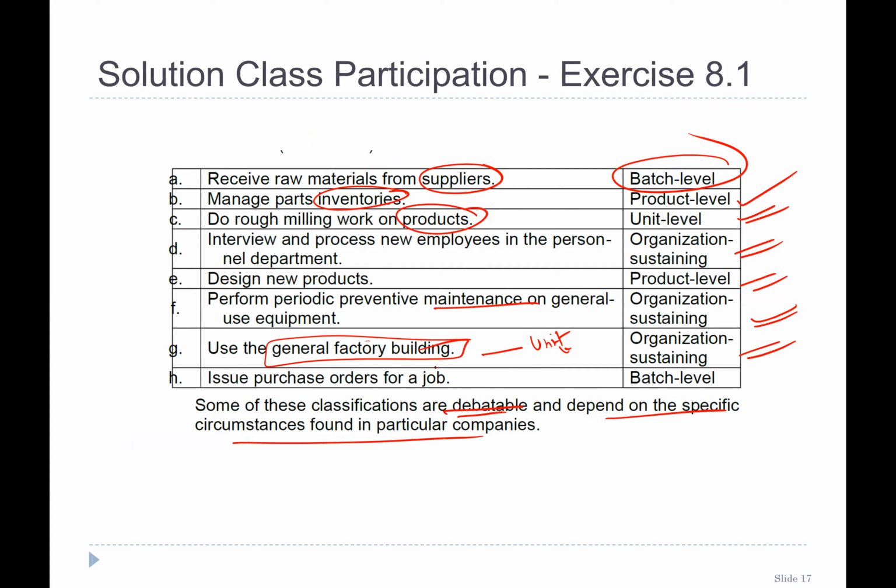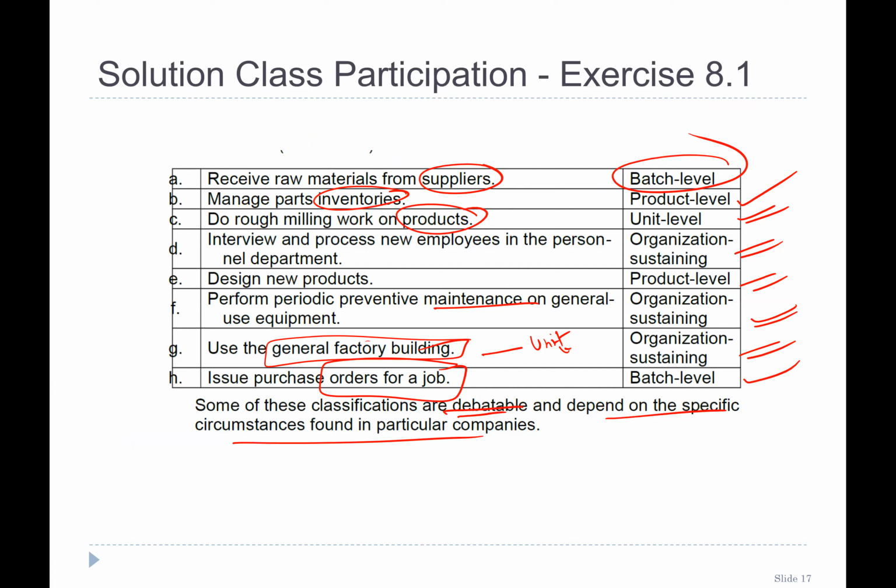Issue of the purchase order can be batch level and can be unit level, right? So the purpose of this exercise that I put here is to make you understand that ABC basically uses different denominators or cost drivers, allocation bases, or activity measures to calculate the product cost.